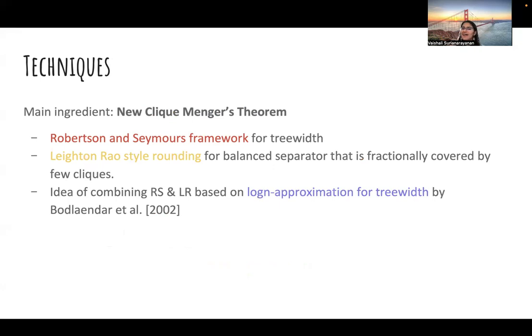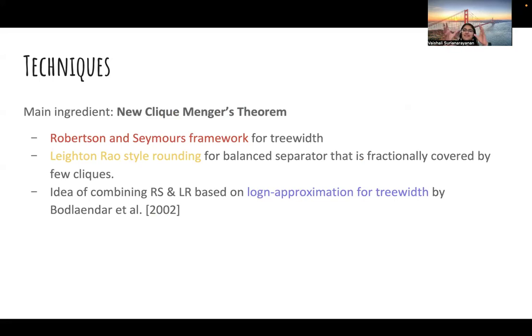So our results go through the general framework of Robertson-Seymour for computing treewidth. This was even used in the previous work by Daniel Marx. And we use a Leighton-Rao style rounding for finding balanced separators that are fractionally covered by few cliques, right?